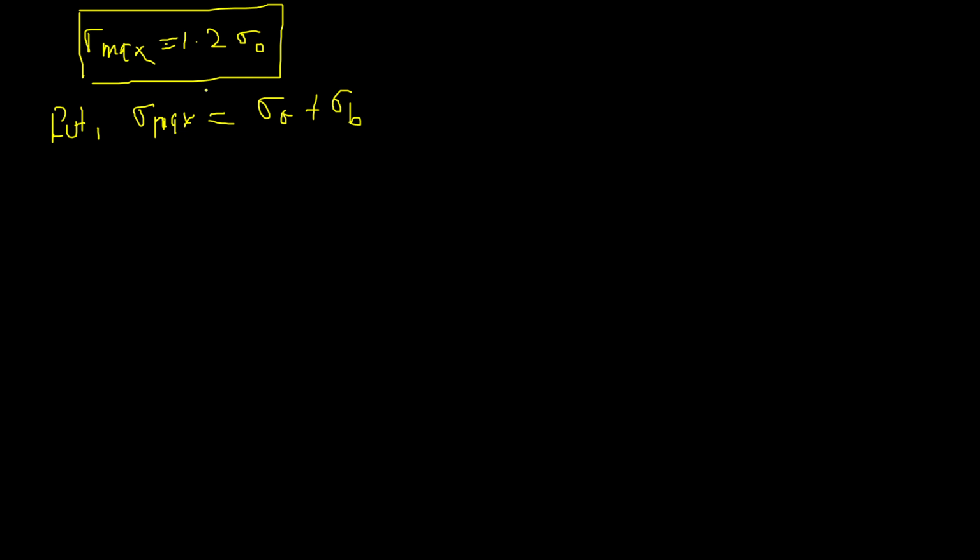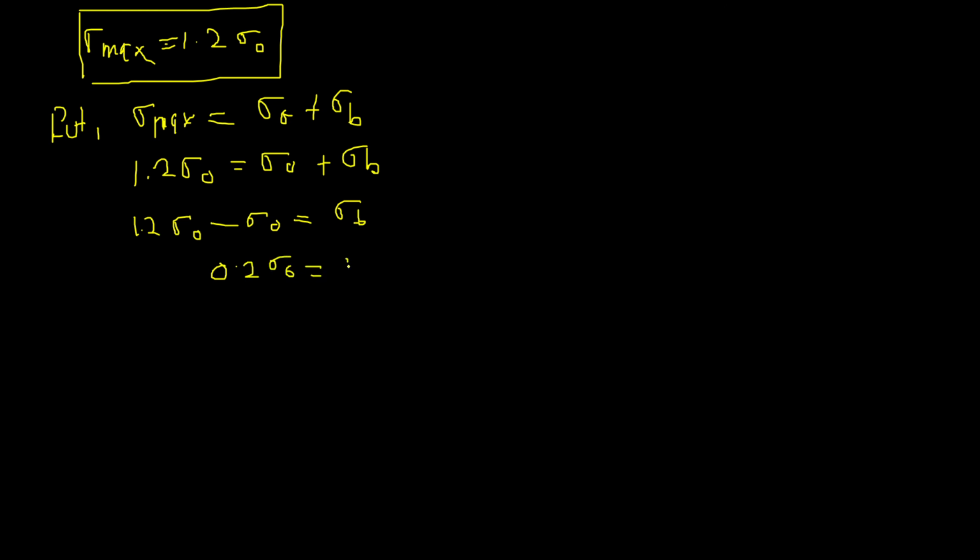But sigma max is equal to 1.2 sigma naught according to given condition. So 1.2 sigma naught is equal to sigma naught plus sigma b. So sigma naught जर इकडे गेलं तर 1.2 sigma naught minus sigma naught is equal to sigma b. 1.2 sigma naught minus sigma naught is 0.2 sigma naught is equal to sigma b. Now this is the very important condition that we have got.